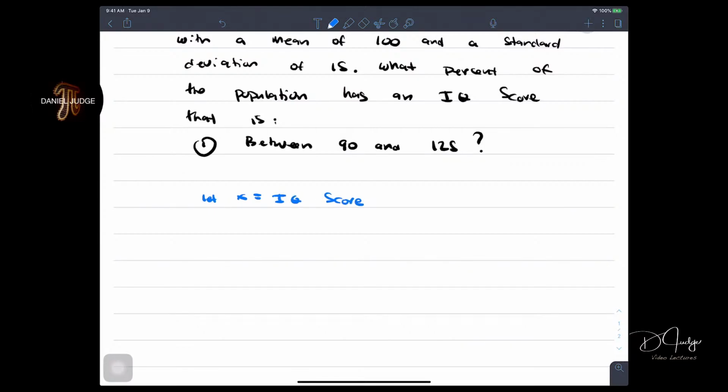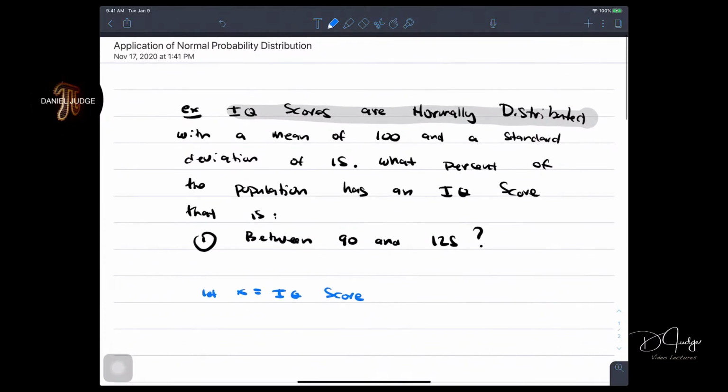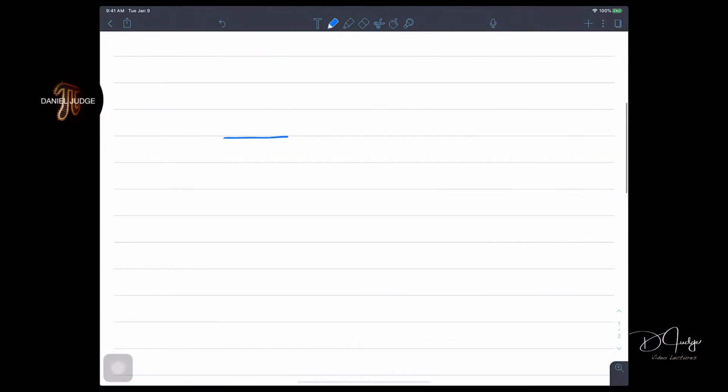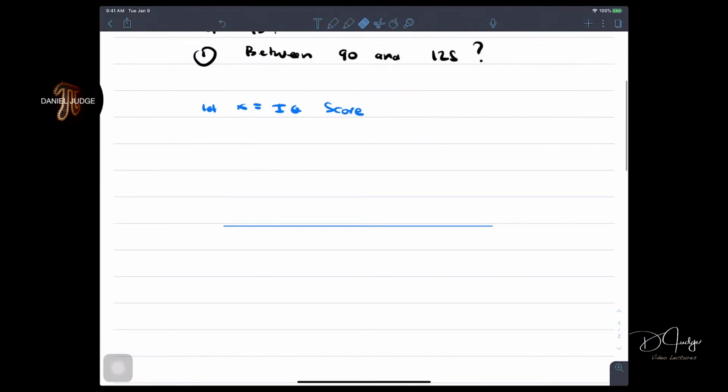The second you know this is normally distributed, you're going to draw a picture of a normal distribution. So really the first step, step 1, is draw a picture of the question.